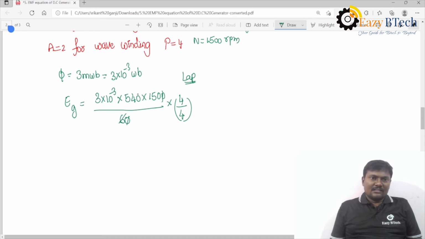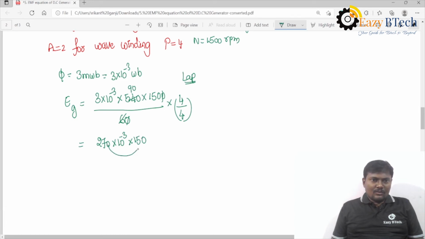Why 4 by 4? Because it is a lap winding. So the 100 will be cancelled. 540 is the Z. So what is your answer? Tell me, students. 3 into 90, so 270. Yes, 270 into 10 to the power of minus 3 into 150.